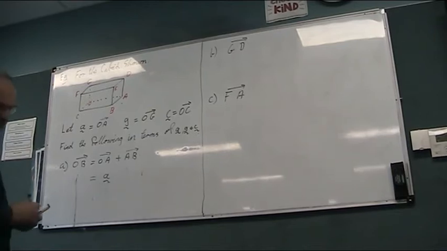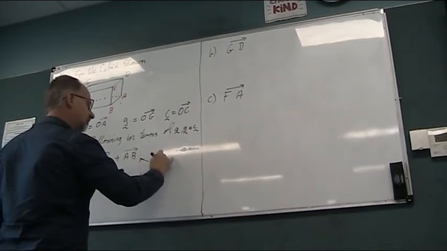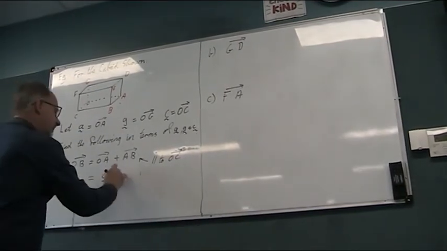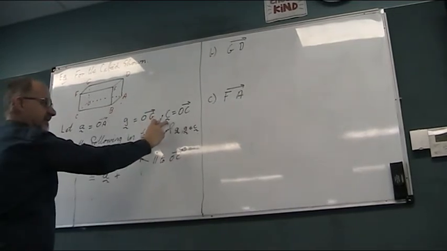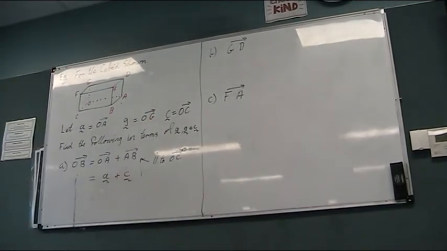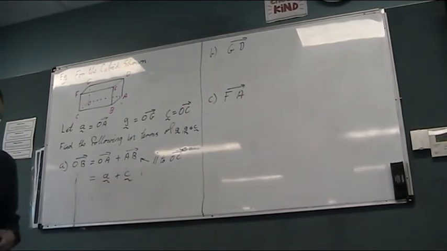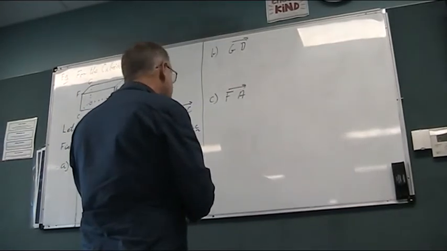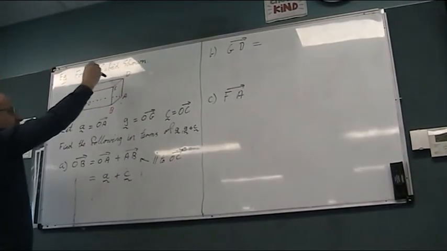And so what we can say then is because A to B is parallel to O to C, we can replace this A to B by the O to C, and the O to C is vector C. And so in terms of A, G and C, O to B is the same as A plus C. And G to D, when we look at G to D, it's just a straight line that goes straight there.